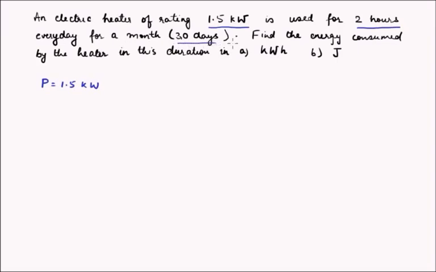So 2 hours every day for 30 days. We are supposed to find the energy consumed in kilowatt hour and in joules.